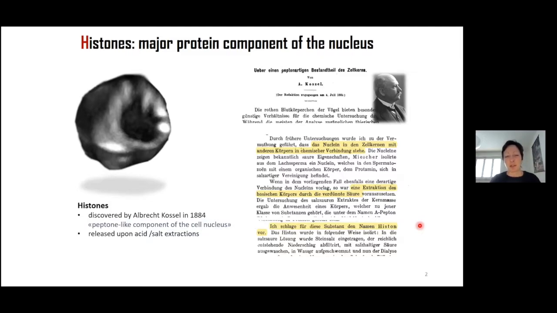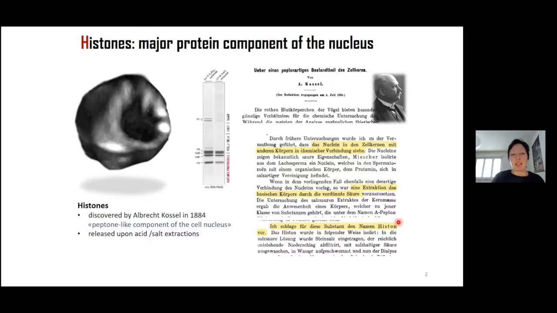And Albert Kossel discovered that you could extract a very massive fraction of proteins under really harsh acid and salty buffer. So there's an original paper in German that actually explains that he decided to name these proteins histones based on the fact that they have peptone-like biochemical properties in this extract.